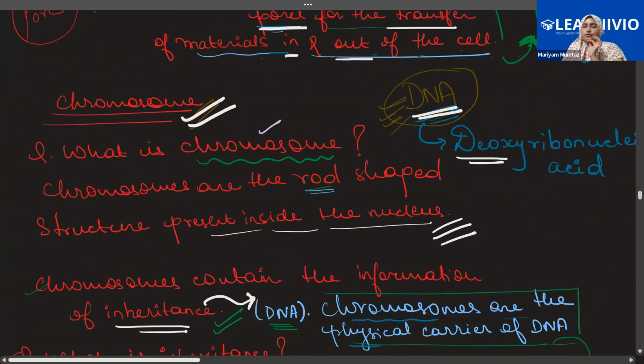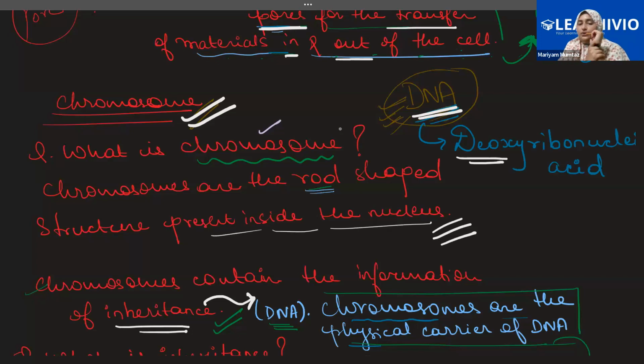Now, what are chromosomes? Chromosomes are the rod-shaped structures that are present inside the nucleus. And actually, you people have heard about DNA. Yes, ma'am. What is the full form of DNA? Anyone can answer.